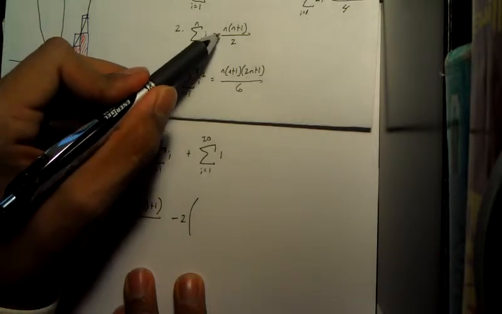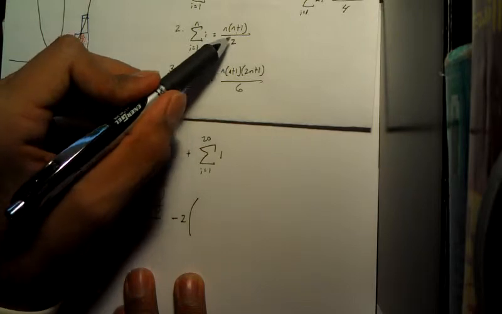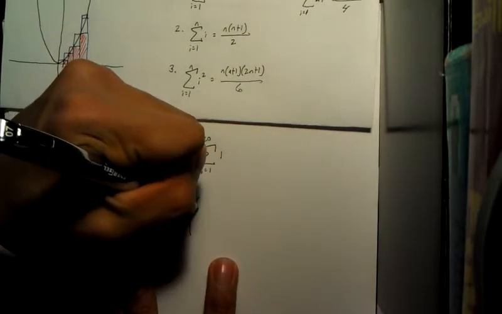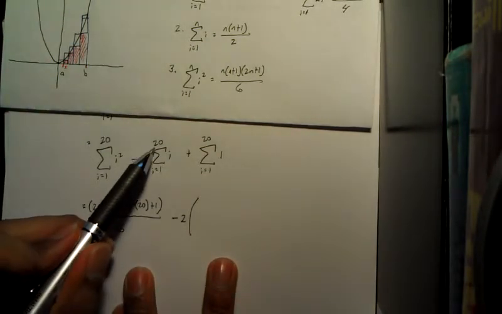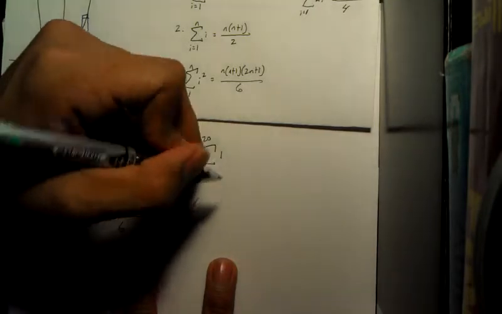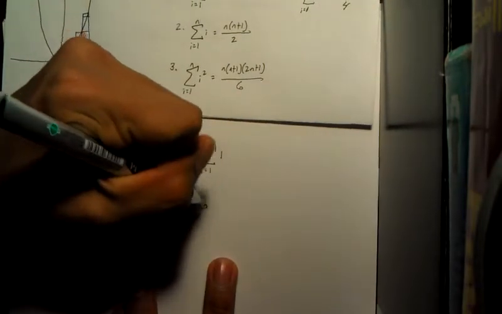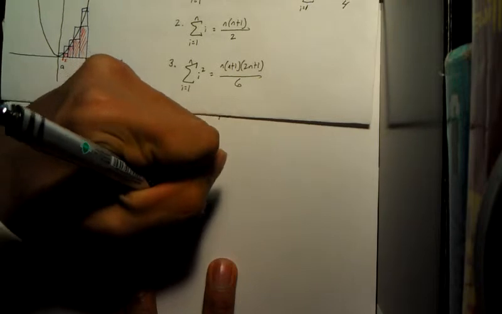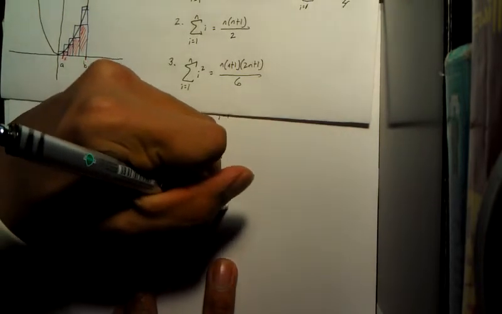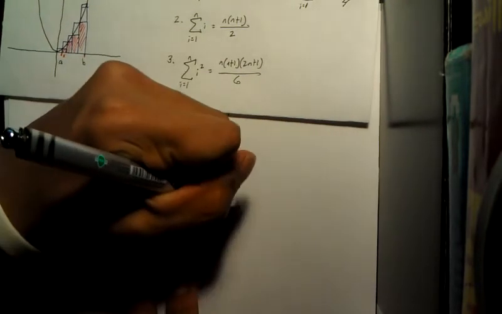The substitution for i is n times n plus 1 all over 2. So we can substitute our 20 in for n, and we get 20 times 20 plus 1, all divided by 2.